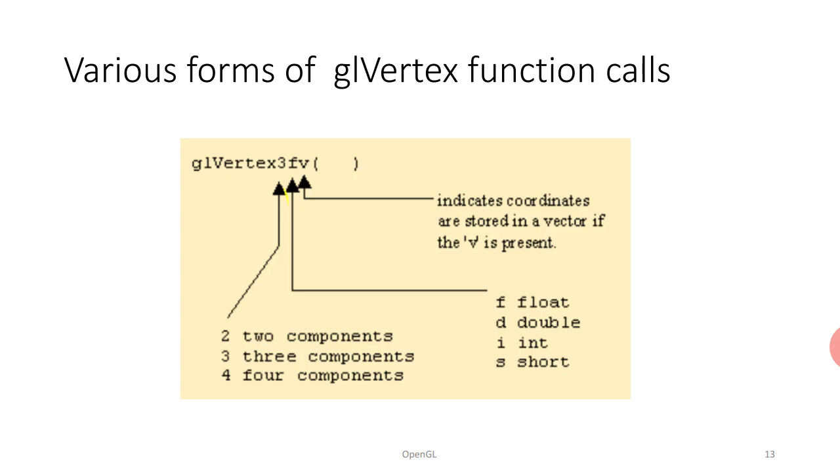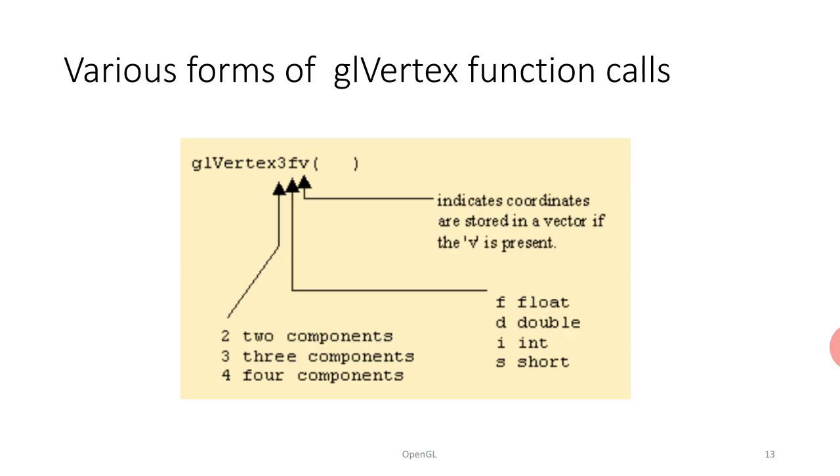Similarly, the letter f here can take the values f, d, i, s, where f indicates float data type, d indicates double data type, i indicates int data type, and s indicates short data type. Similarly, there exists v, where this v indicates coordinates are stored in a vector if the v is present.